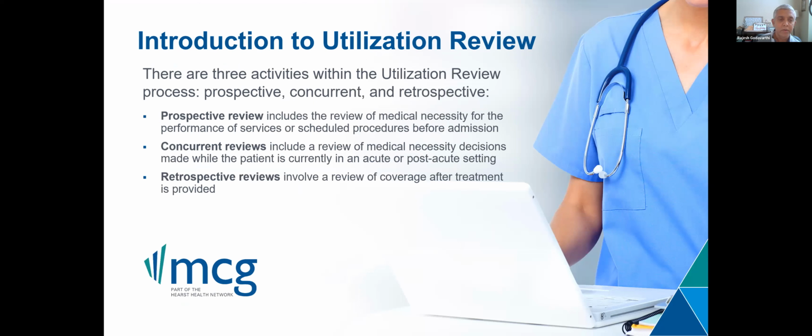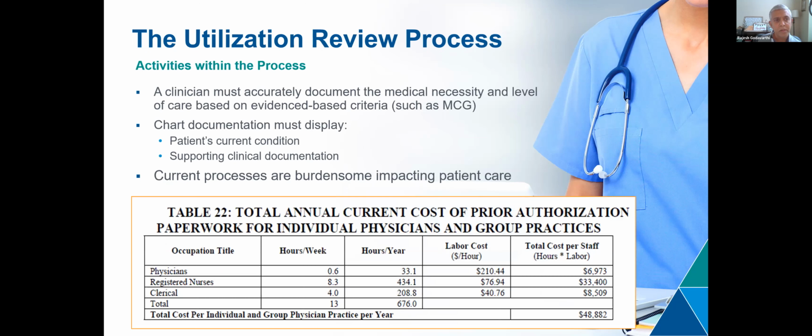So regardless of where they do these reviews, identifying the medical necessity and looking at the clinical documentation that supports medical necessity, those are the key factors for the providers and payers to ensure proper care is delivered and the money is exchanged between the parties as well.